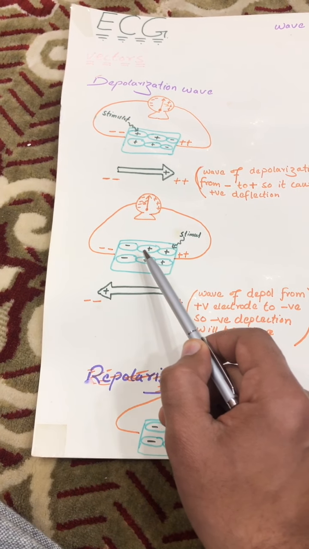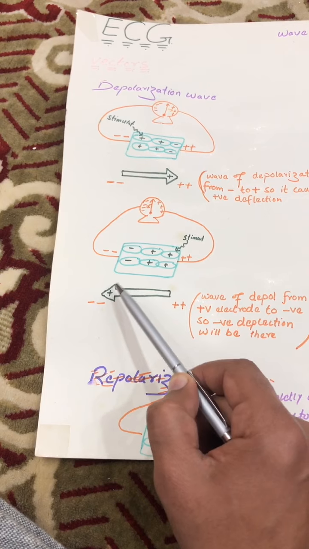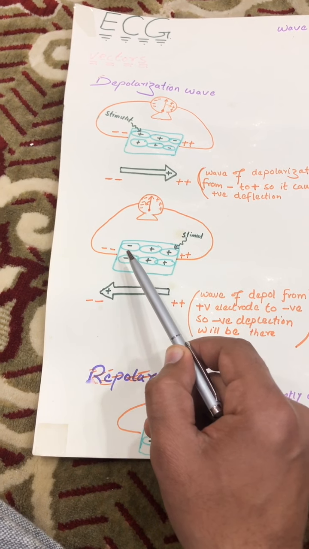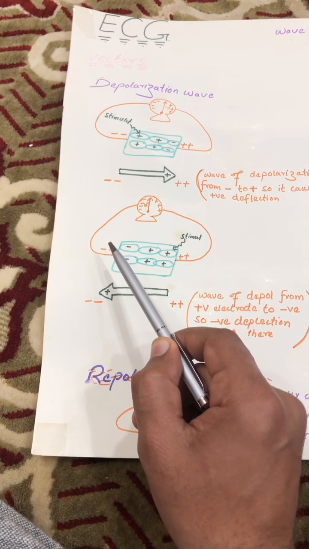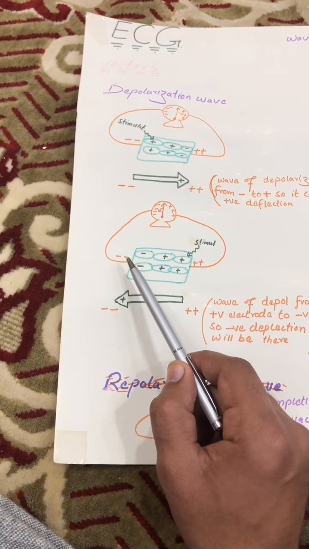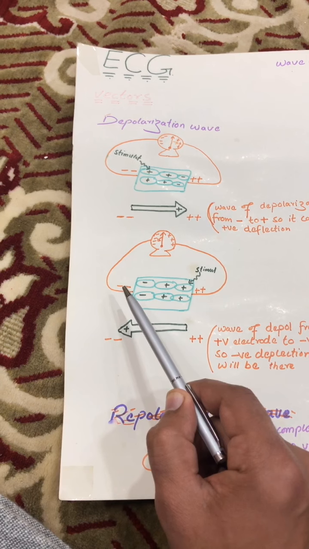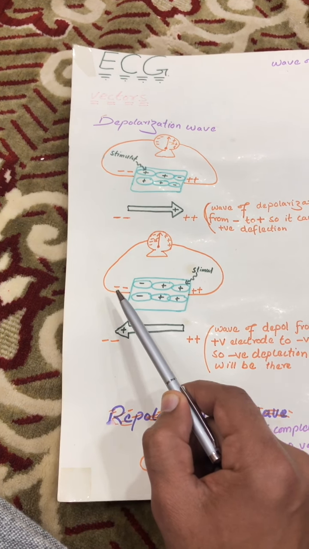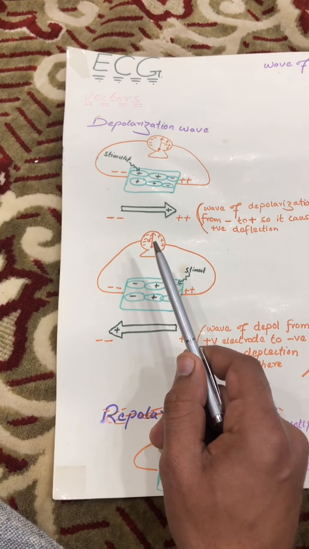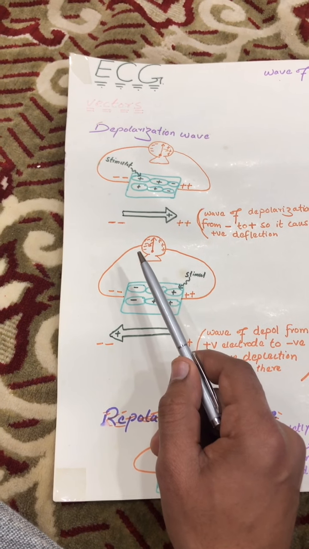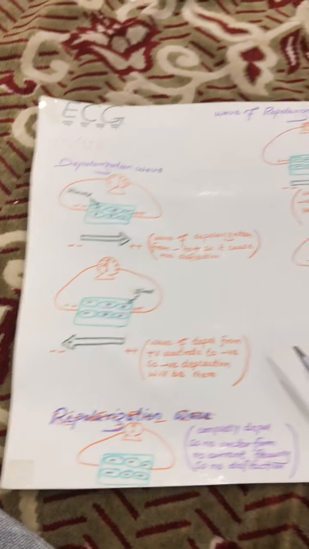The depolarization wave is a positive wave, right? Positive is going toward the negative. Positive into negative equals negative. So the deflection of the needle will be to the negative side of the galvanometer.